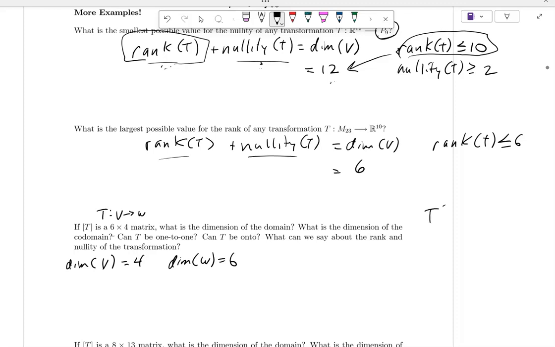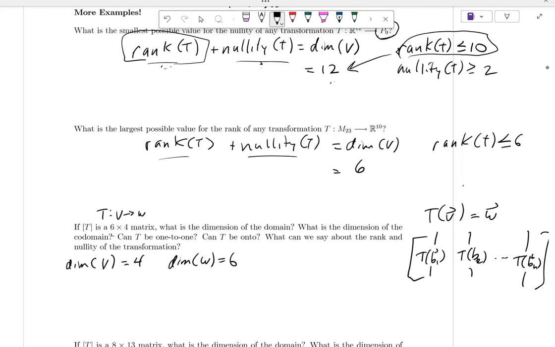So remember that when we did our standard matrix, we always put our basis vectors into the transformation, found the coordinates, and then put them down this way, right, to find your matrix.